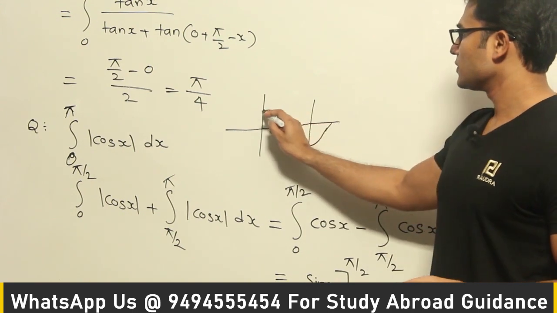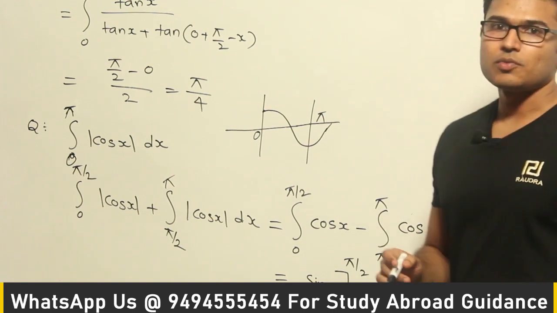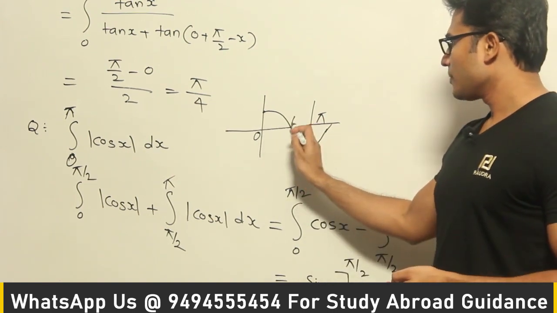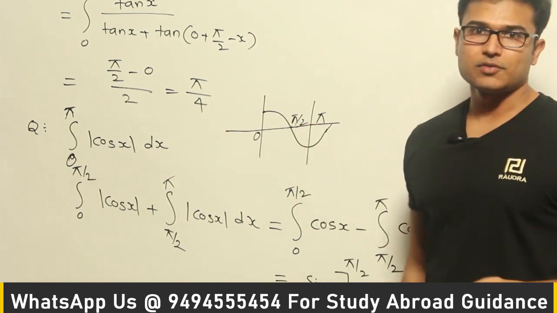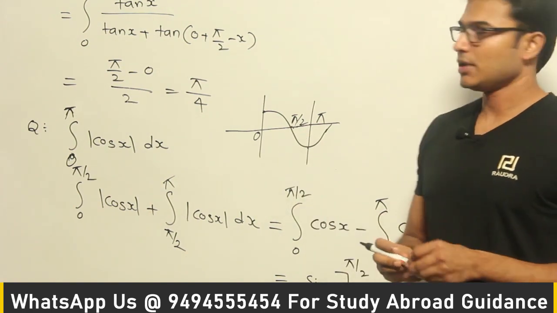Now from 0 to pi by 2 cos x is positive, and from pi by 2 to pi cos x is negative, right?